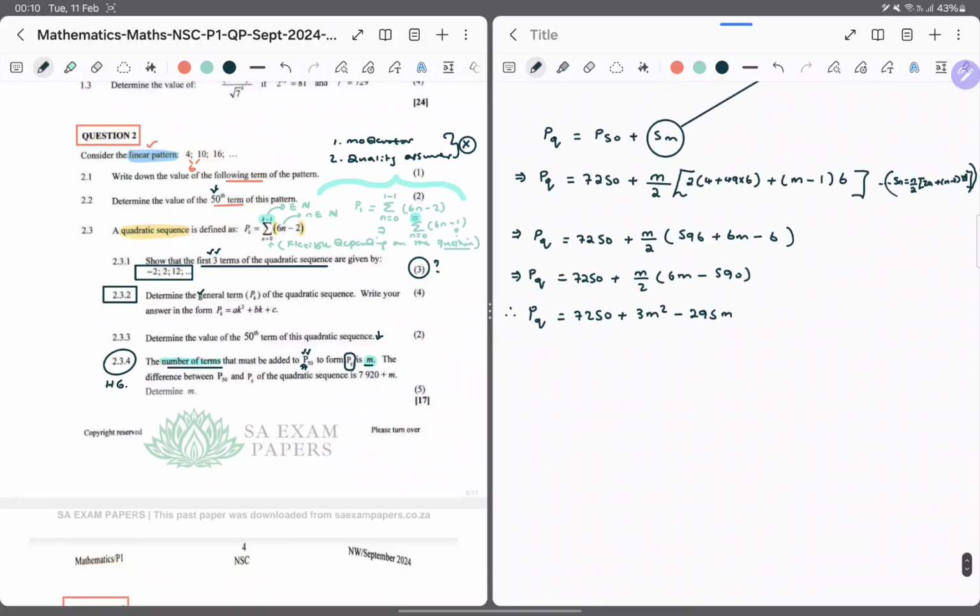Okay, but now we can see this is a very nice quadratic, so we can write it in standard form.